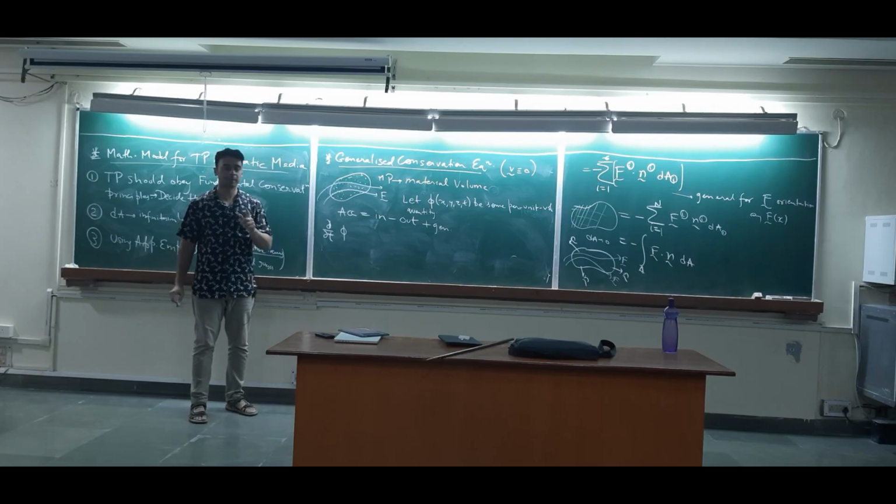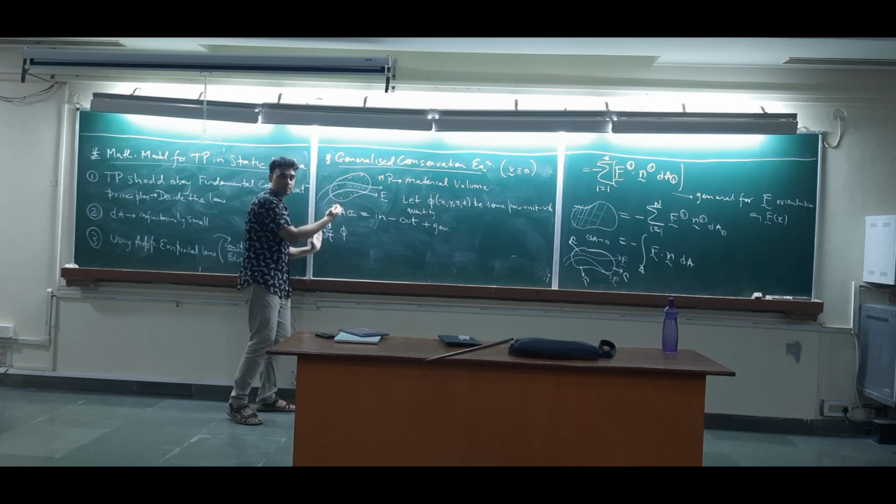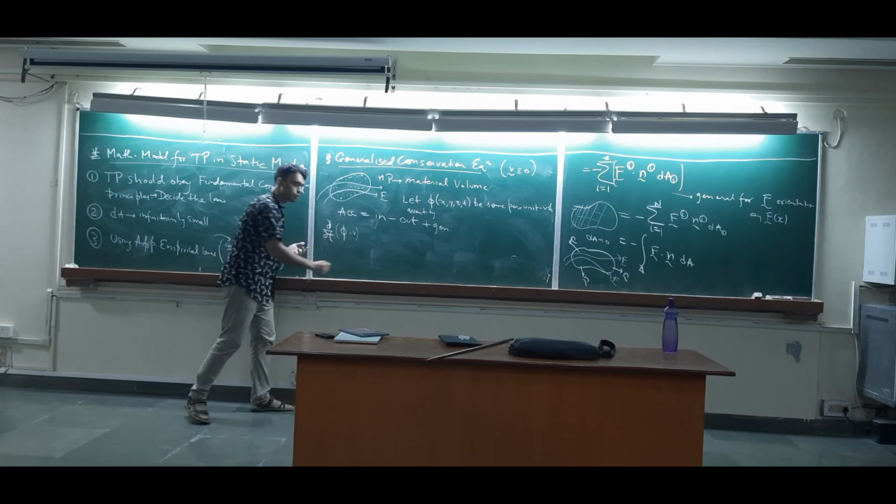But phi is a function of space. If I write it like this, did I apply it on the volume? But I have to do the balance on the volume. So what should I do? Multiply by V. Okay, good, you could do that.